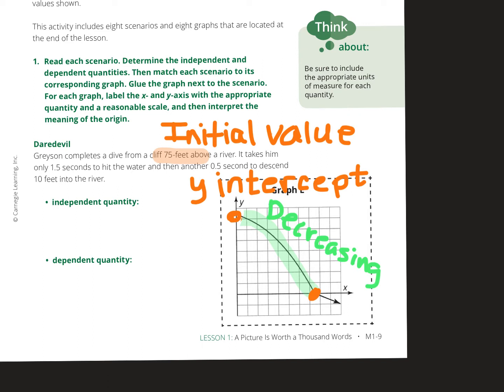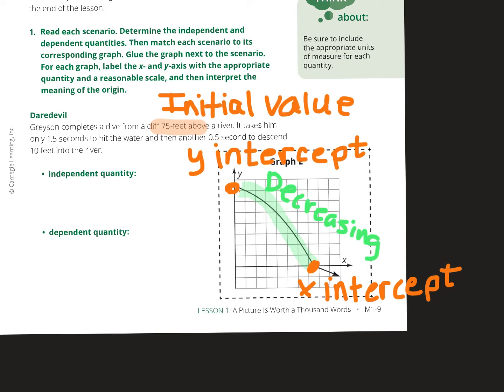So let's compare that to another key component that's on the graph right here down at the bottom. And this time, because this is where the graph hits the x-axis instead of the y-axis, this one is called the X-Intercept. So what does this actually represent in terms of the real life situation?